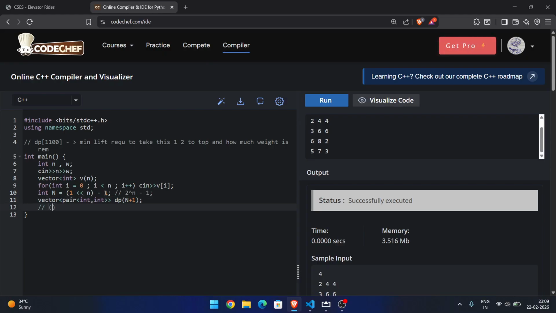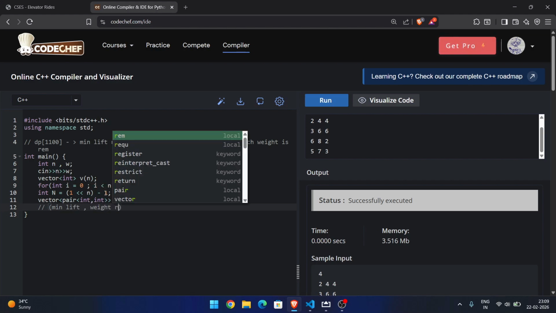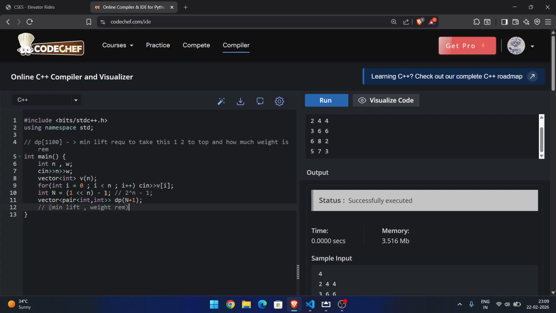It would be min rides and weight remain. Now we will go from 0 to our last state. Actually, the last state calculation is not required.